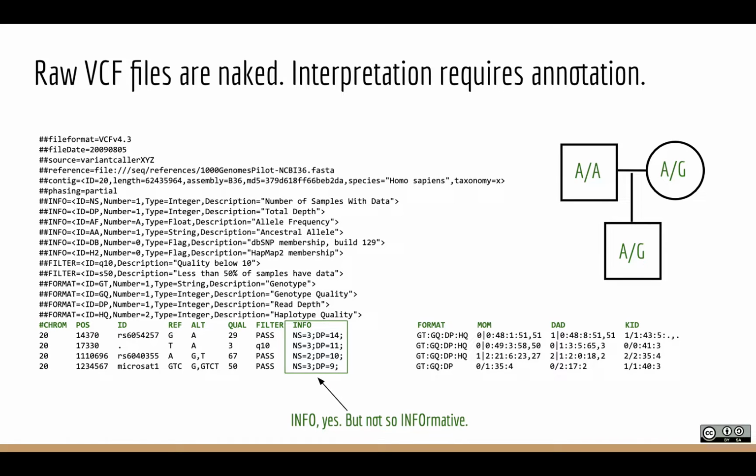And so the focus of today's lecture is on the fact that this VCF file, as it comes off of a tool like GATK or Freebayes, is useful in the sense that it is reporting all the sites where there is genetic variation, but it's not all that useful because this VCF is what I like to think of as naked. There's no context. We can't just scan through this file.